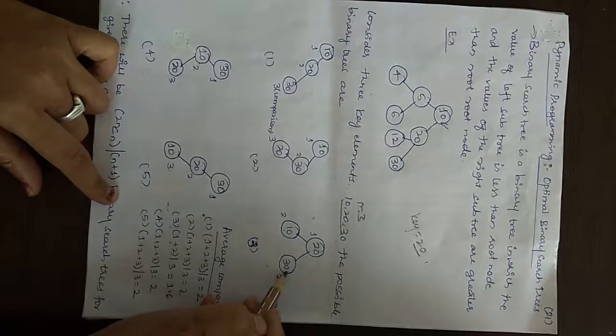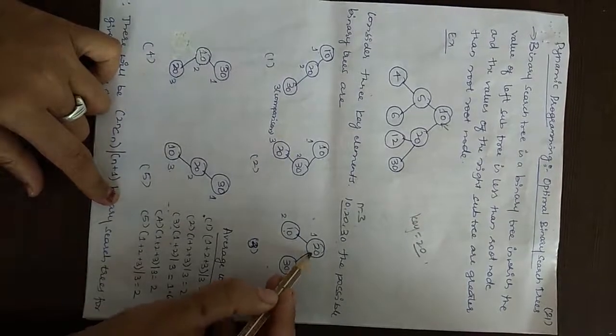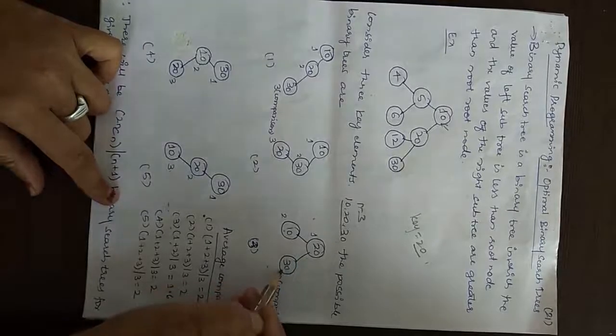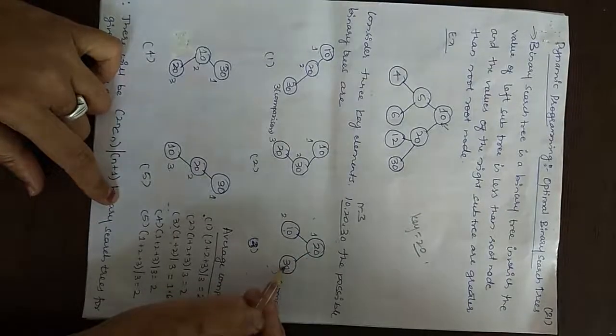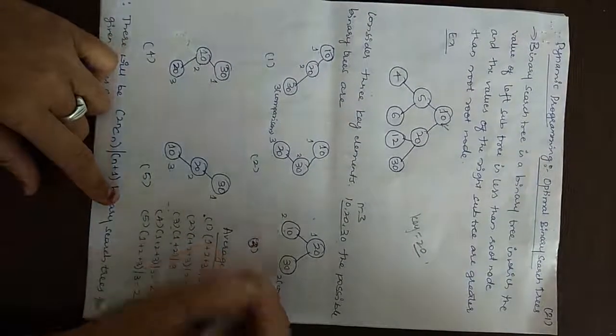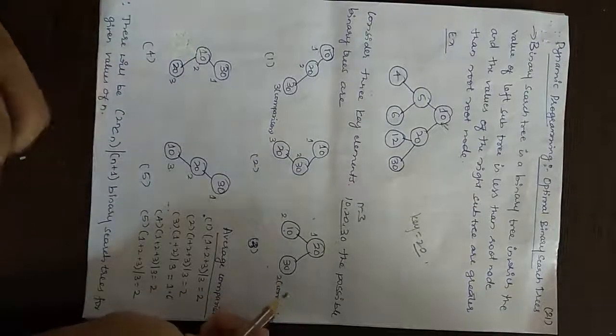For 30, first it will be compared with 20. 30 is greater than 20, so it will search on the right side. So only 2 comparisons are required, and the same thing for 10 also. So this is the height balanced binary search tree where 2 comparisons are required. Here also we require 1, 2, 3. Here also 1, 2, 3 we require.